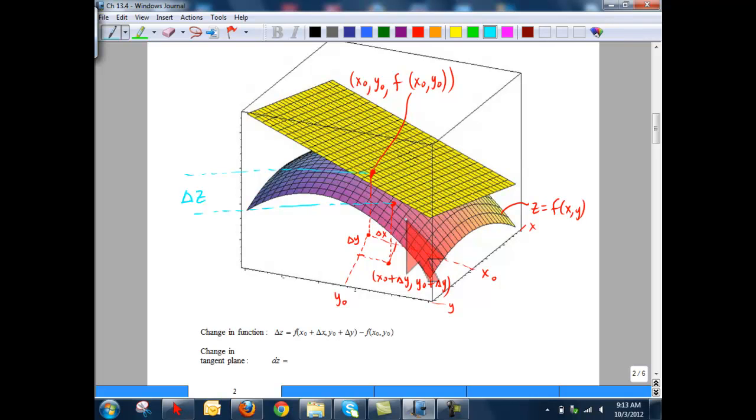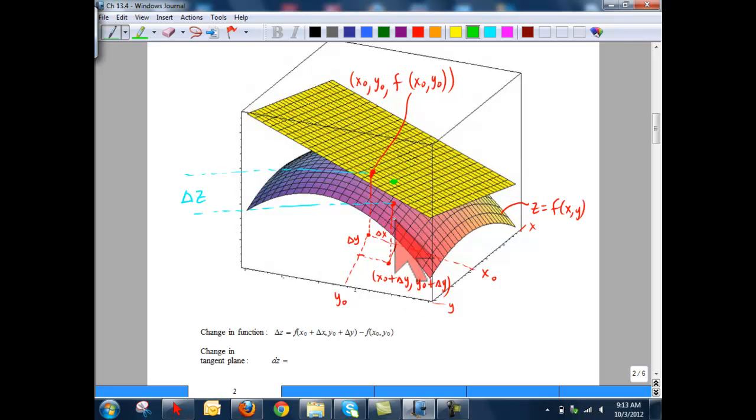And now I can take the new input that I'm discussing, and by the way, when I take the original input and plug into the function, I hit both the surface and the tangent plane at that point. I mean, that's why it is the tangent plane, because it has the same coordinates at that point. But now once I go over here, if I plug the new input into the surface and the new input into the equation for the tangent plane, I hit at two different points.